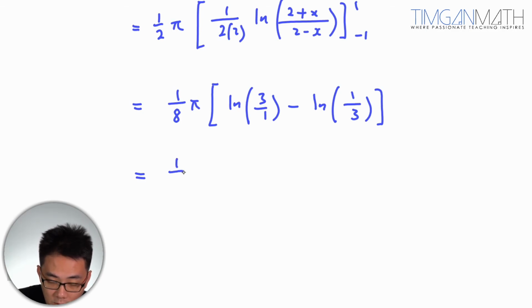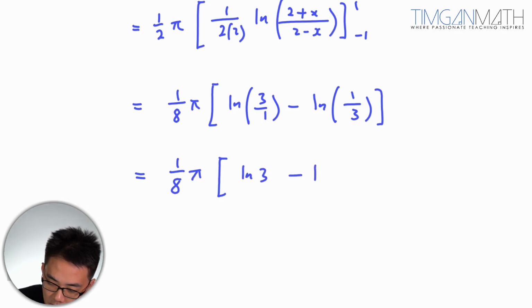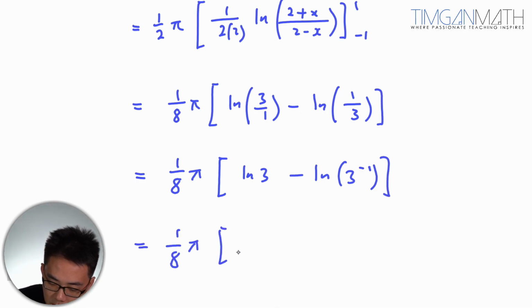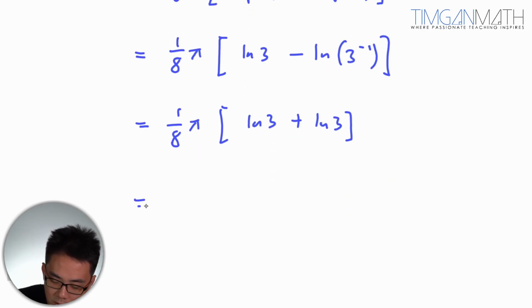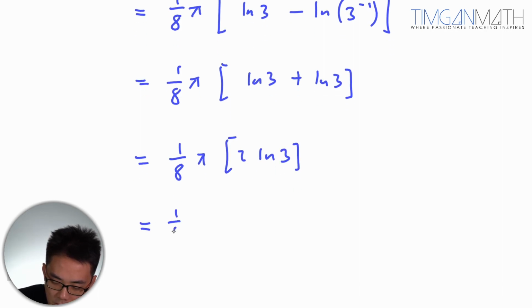So this will be 1 over 8 pi, ln 3 minus ln 3 to the power -1. So the -1 can be brought down. So this will be ln 3 plus ln 3, which is 2 ln 3, and that will be 1/4 pi ln 3.